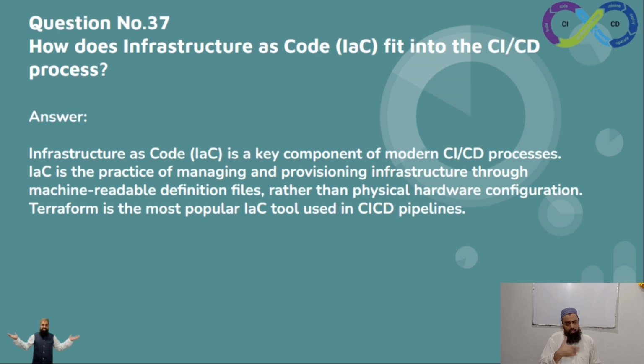There are other tools like CloudFormation as well, but an infrastructure as code tool like Terraform is used to build infrastructure on the cloud, and it is the practice of managing and provisioning infrastructure through machine readable definition files rather than physical hardware configuration. So we have those Terraform files, we have configuration files, YAML files to build our infrastructure, and Terraform is the most popular infrastructure as code tool.